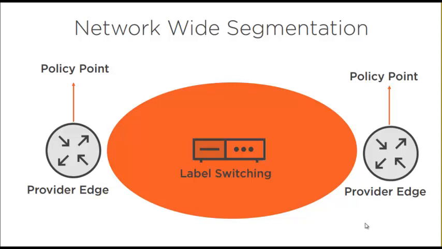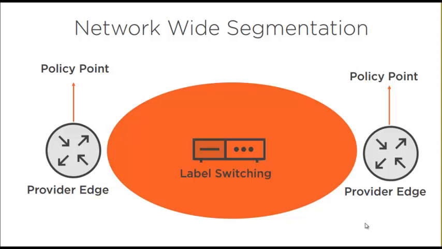So all the segmentation policy like VRFs, mapping VLANs to VRF, everything happens where? On the provider edge, PE router. Not on every data plane point or not on every hop.